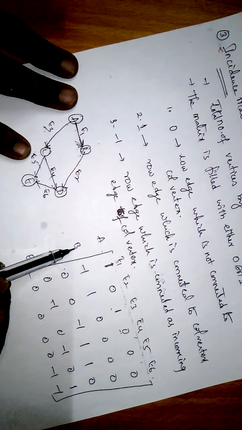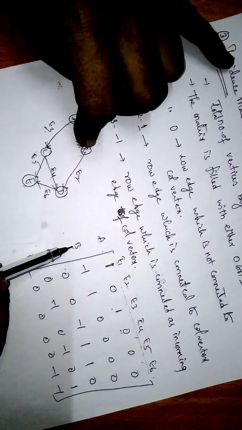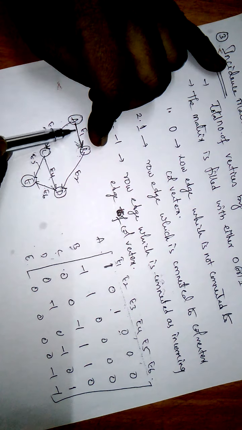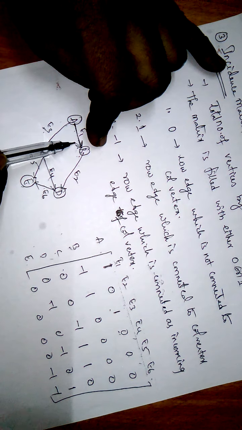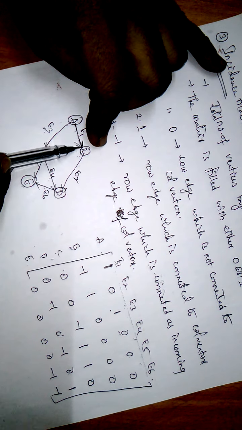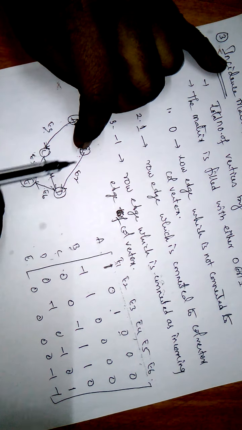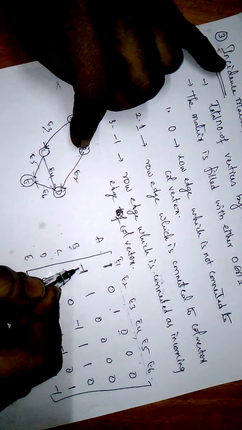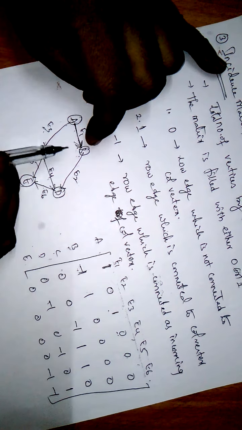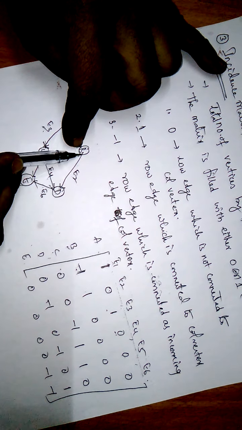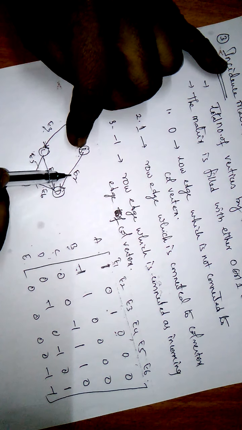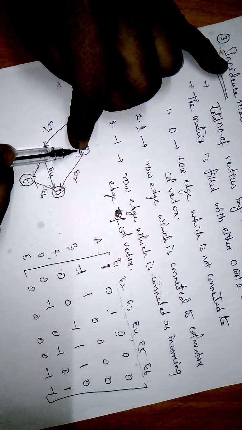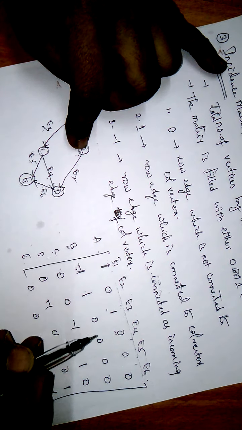Now we will check the vertex B. E1. There is an edge incoming to B, so the value of E1 for vertex B is minus 1. Next E2. The edge is going out from vertex B, so the value is 1.